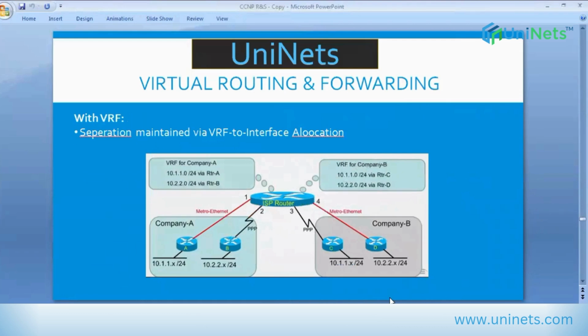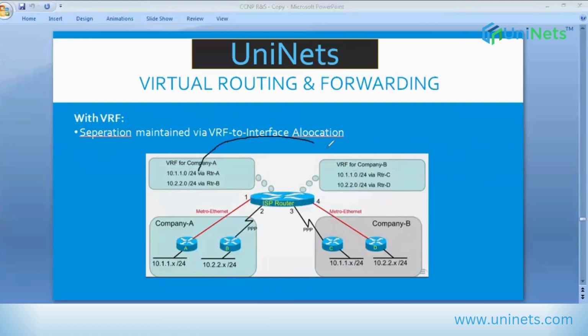I maintain the separation via VRF-to-interface allocation. I create a separate routing table for company A and a separate routing table for company B.